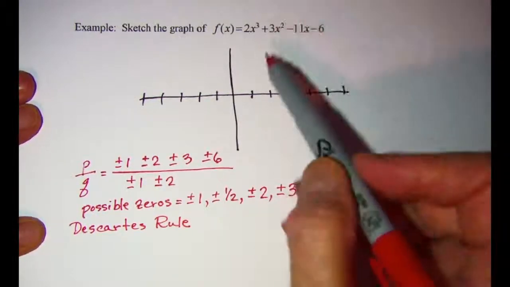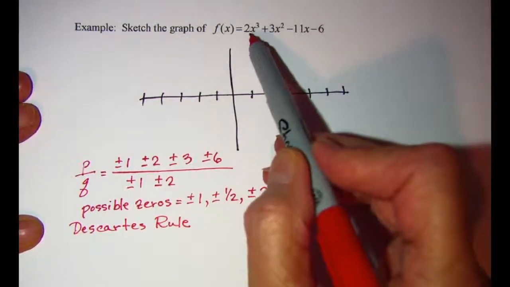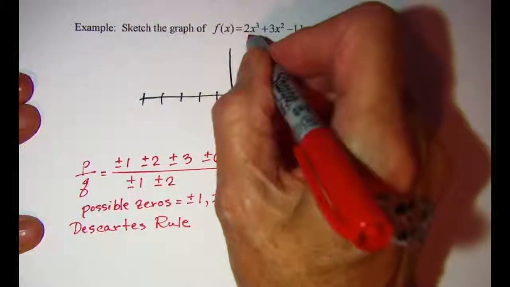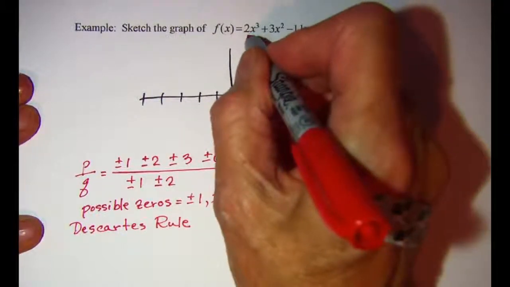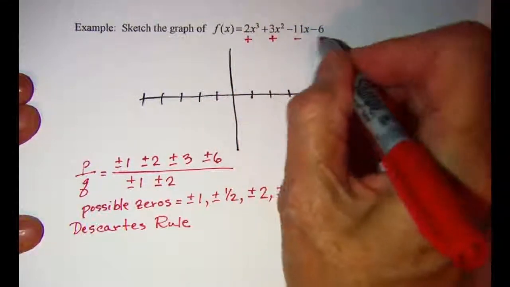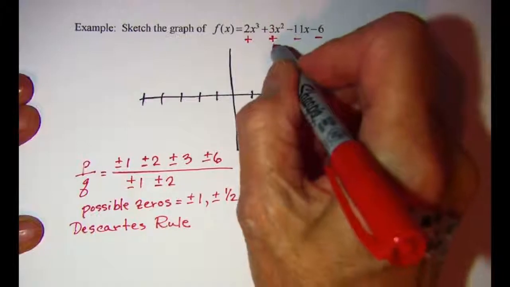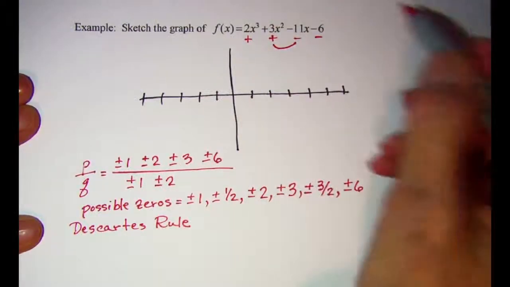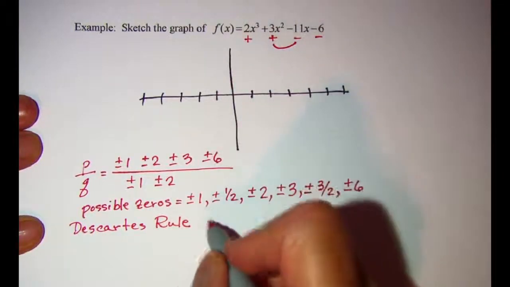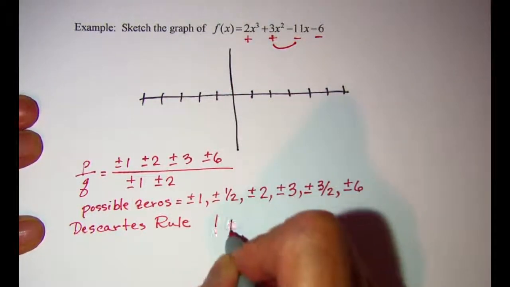First of all, if I look at f of x, that'll help me figure out how many positive zeros I have. This is a positive term, negative term, negative term. So I see only one sign change in f of x, which means that I have one positive zero.